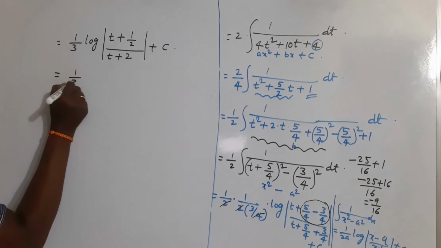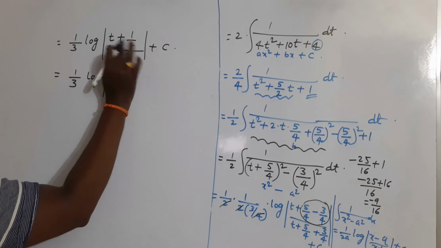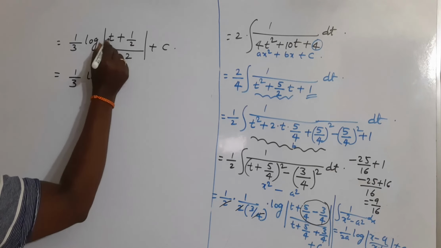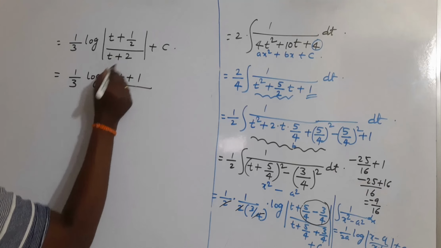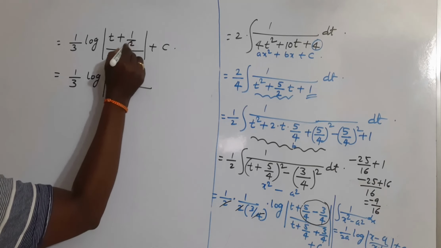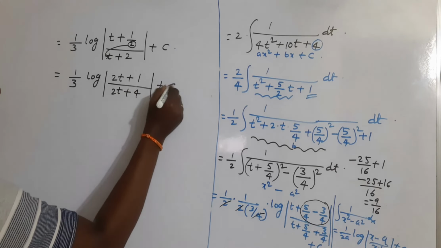So 1 by 3 into log mod, take the LCM in the numerator, it becomes 2t plus 1 by 2t plus 4. Another 2 is there, you should multiply here, 2t plus 4 plus c.